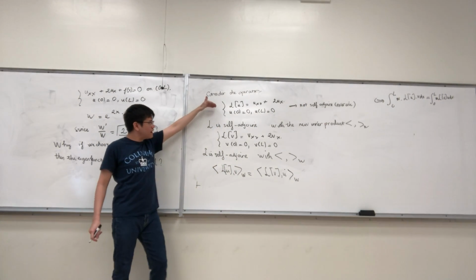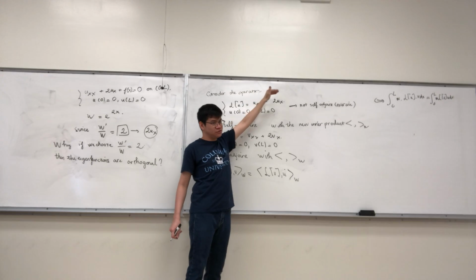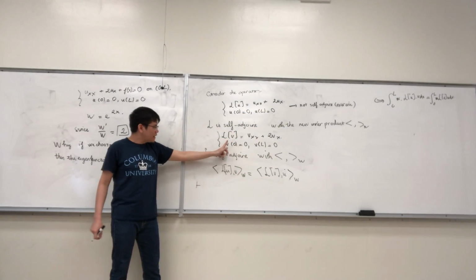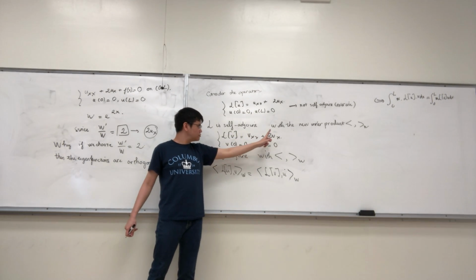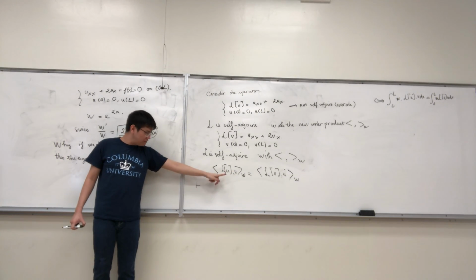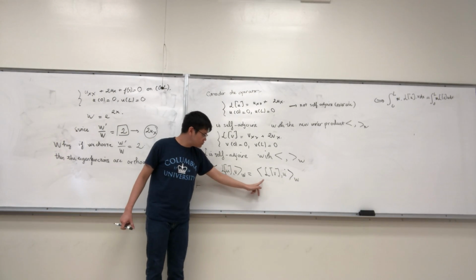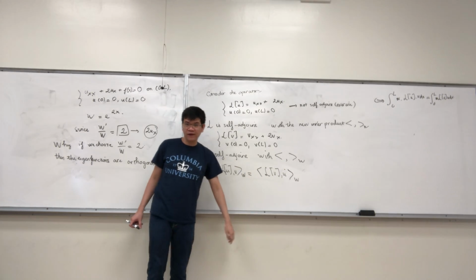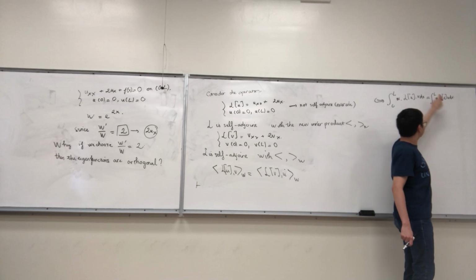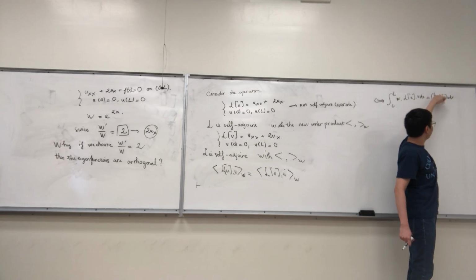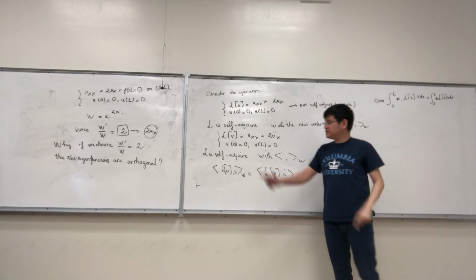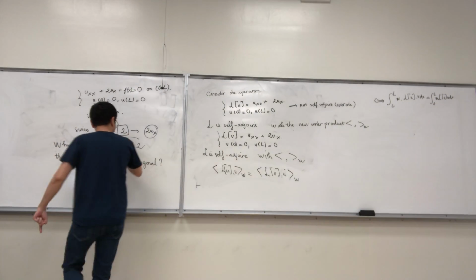So if I consider Lu = u_xx + 2u_x with the same Dirichlet boundary condition, and I consider Lv = v_xx + 2v_x with the same boundary condition, then I have to have (Lu, v)_W equal to (Lv, u)_W, right? Now I'm going to prove this, and you're going to see that this thing comes out very naturally.